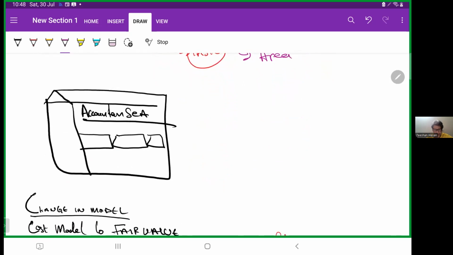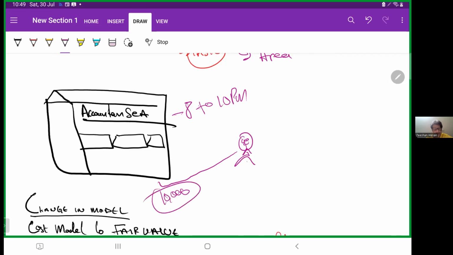Suppose we have a building of an accountancy academy, and here I teach from morning 8 to night 10 p.m., right? So my main source of income is via teaching. But one day, one guy came to me and asked, sir, if I go to stay in the hostel, it will cost me 10,000, or you can say $1,000.